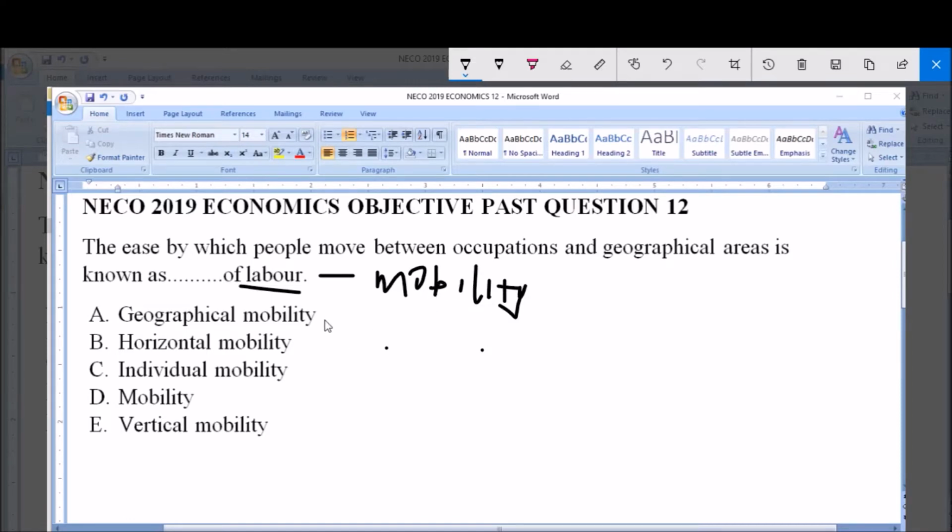And for us to know which of them carries with this question given to us, we'll look at each of the definitions of the options.